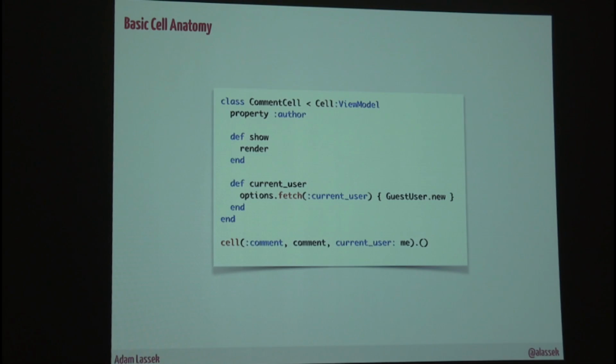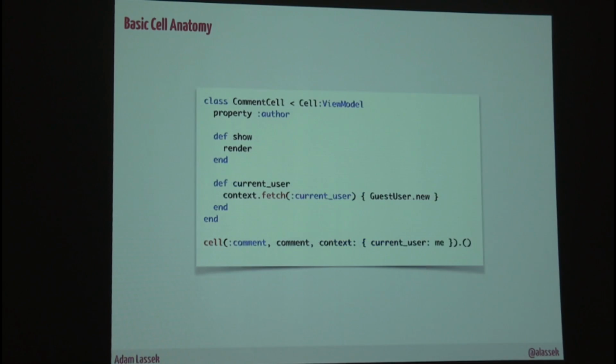This is actually a bad example because with current user, you actually want to use the context keyword argument that you can use, which is specifically for passing in context of the request. And the reason why this is special is because cells are composable.